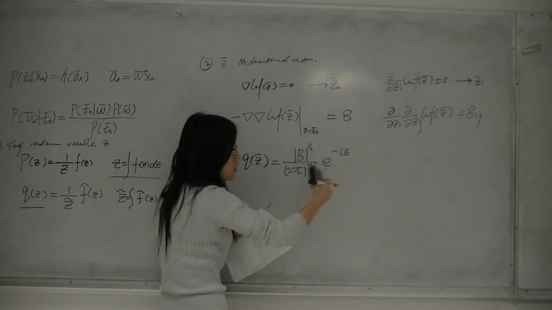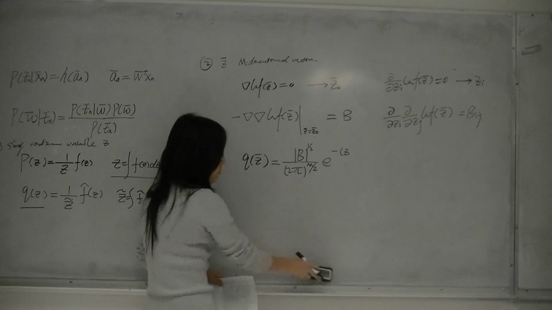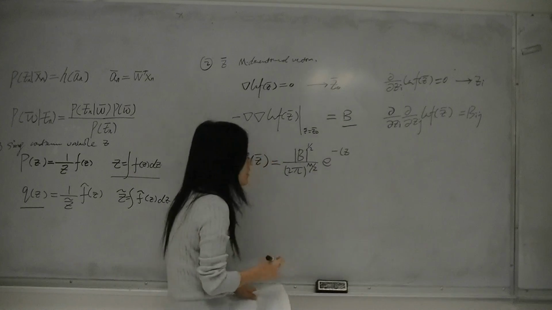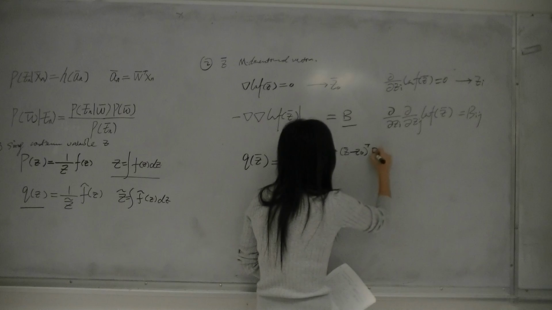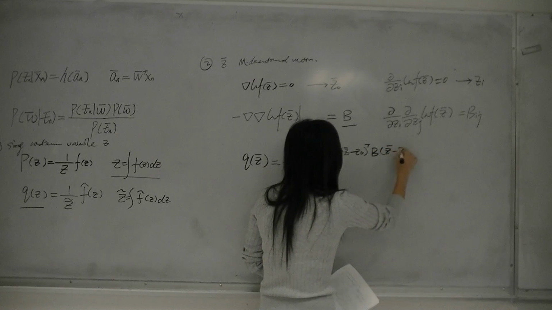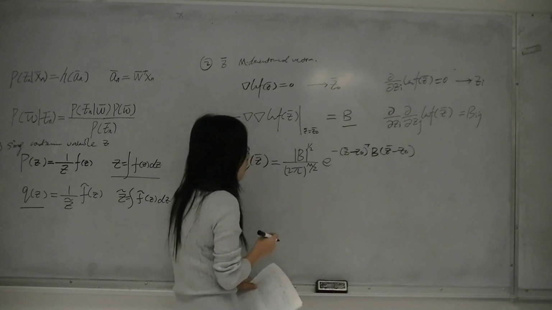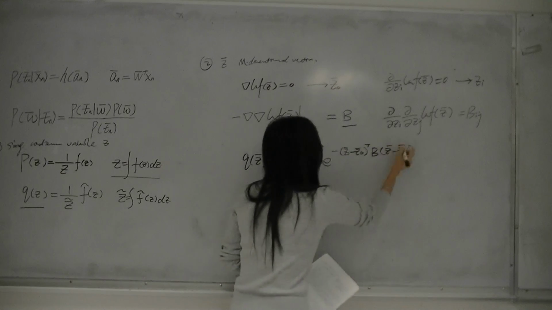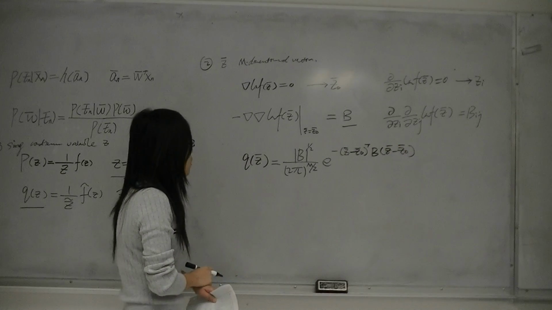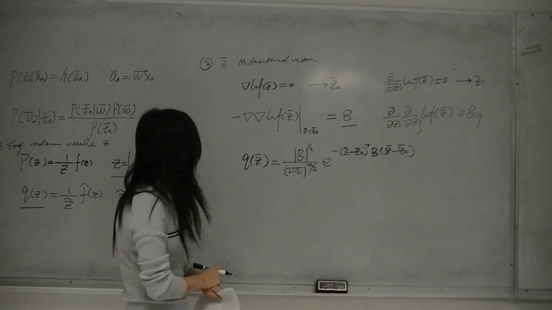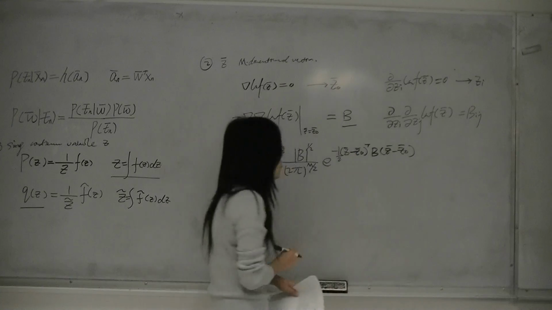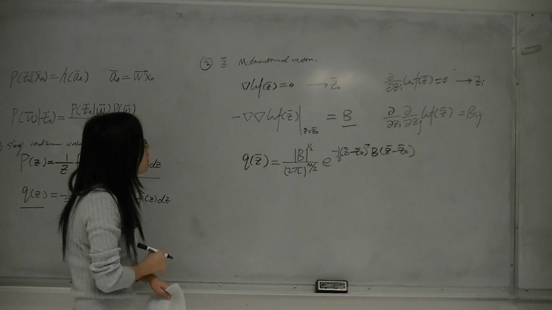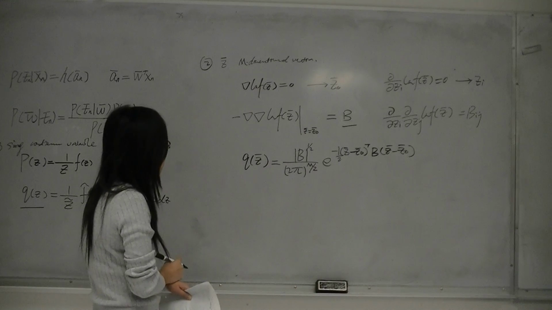Here I want to differentiate A and B, so I use B to represent the precision matrix. So this is the approximate Gaussian distribution.